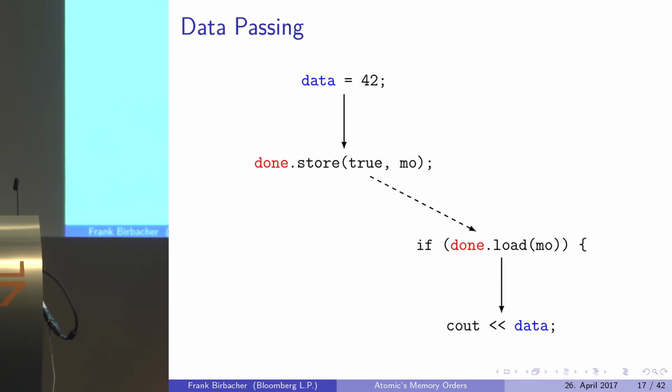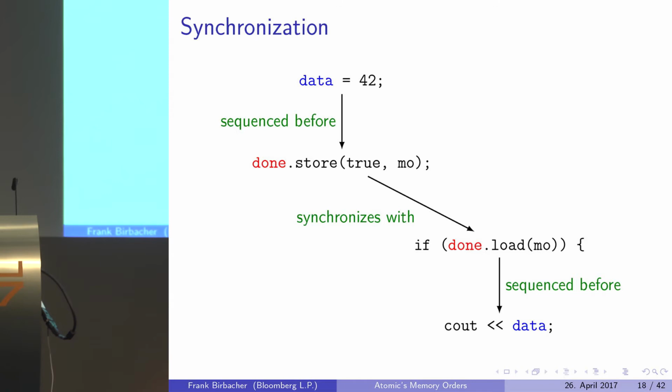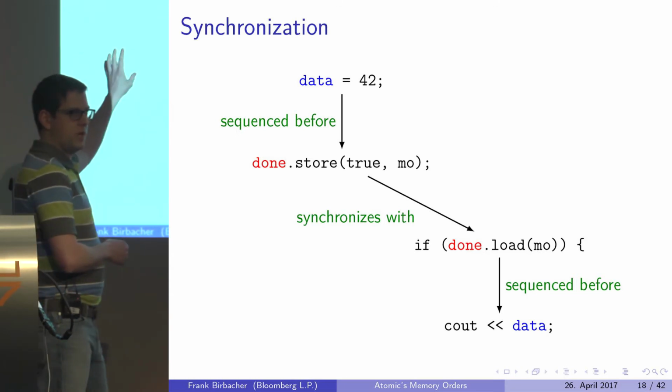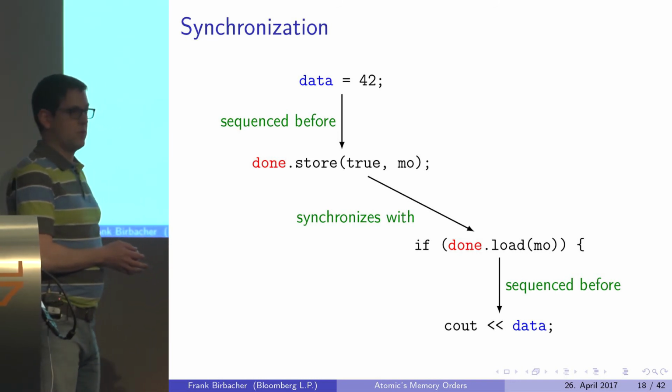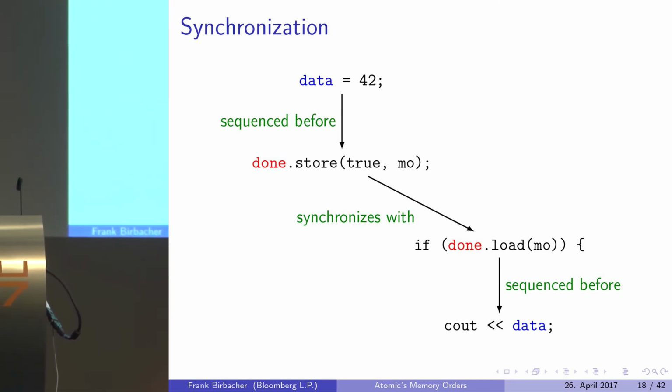The terms that we need to apply here are the first thread writes to the data, yeah? So these two instructions go in the first thread. It writes to some memory location and then sets the atomic.